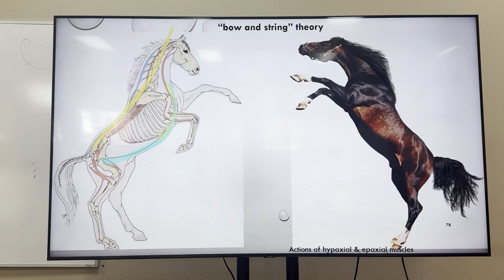Here we're interested in those anatomical structures that play a role in this behavior. For the bow, we are going to list the thoracolumbar vertebrae. When we say thoracolumbar, we mean the thoracic vertebrae, lumbar vertebrae, and their articulations.